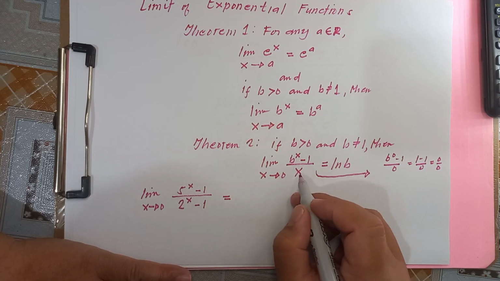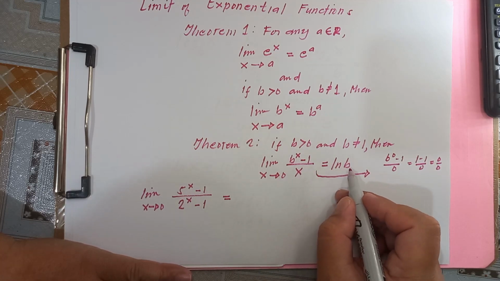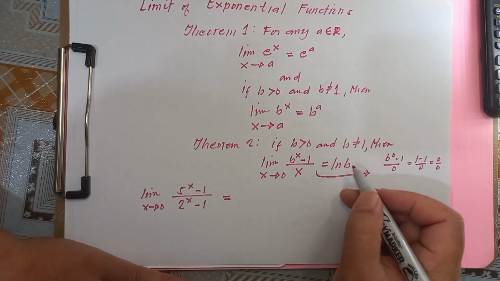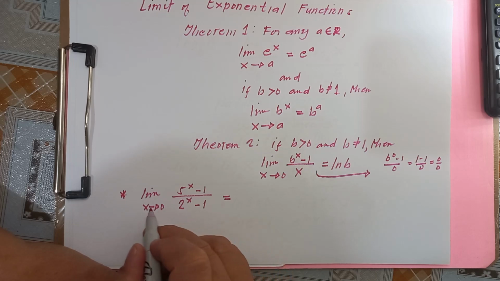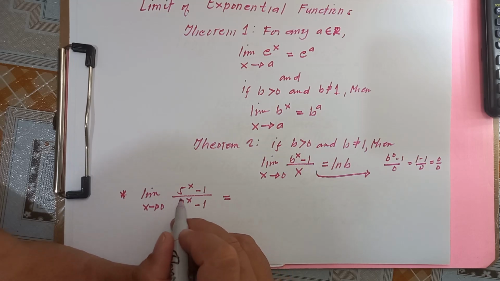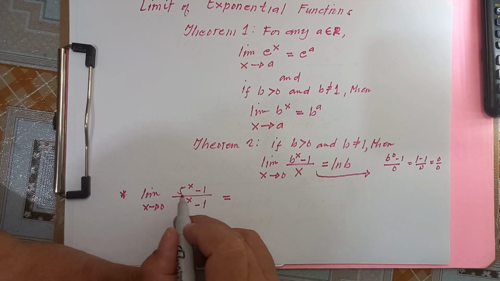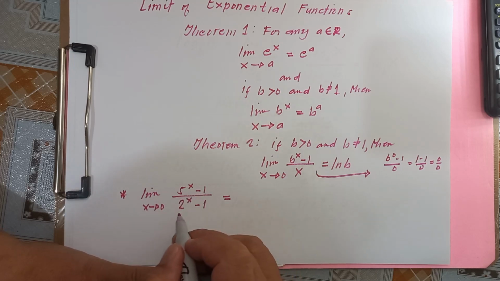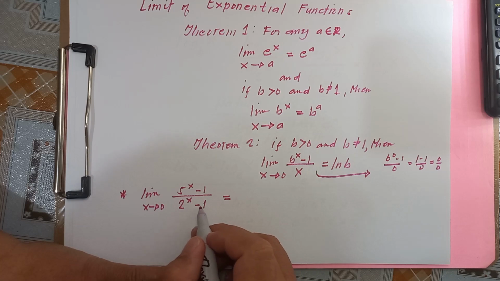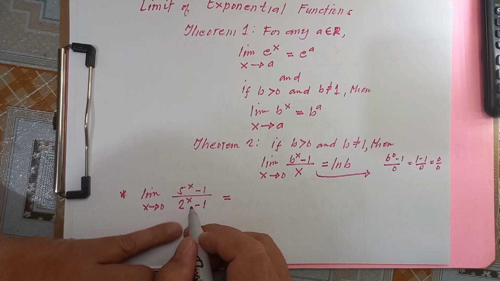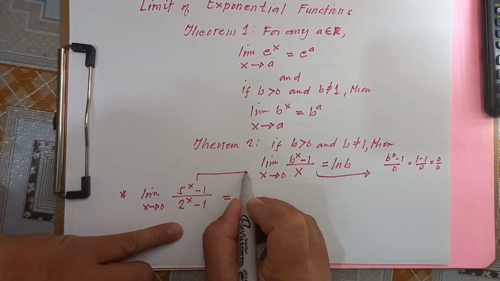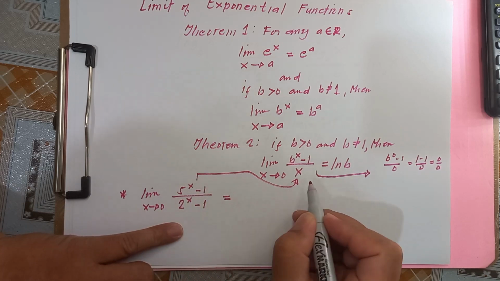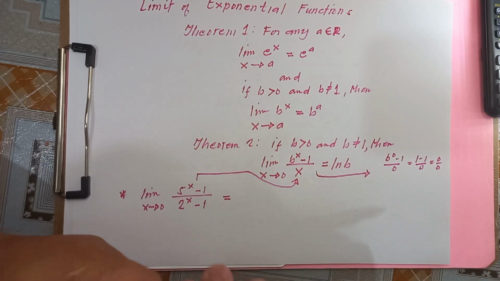So we have this theorem to say that if we have this form of the exponential number, the result will always be in a natural number b. Let's try to consider this one. When we simplify this, we have to see to it that the limit of 5 raised to x minus 1 over 2 raised to x minus 1 as x approaches 0 will follow this form.